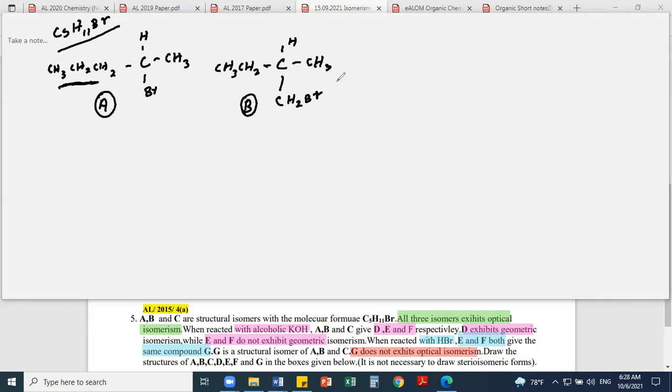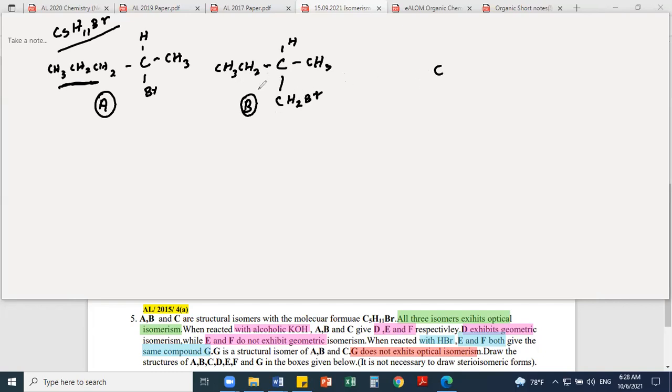Then next one I can draw, the third optical isomer. So I'll put the carbon atom at the center. Then I'll put CH. If you want, you can do it this way also.